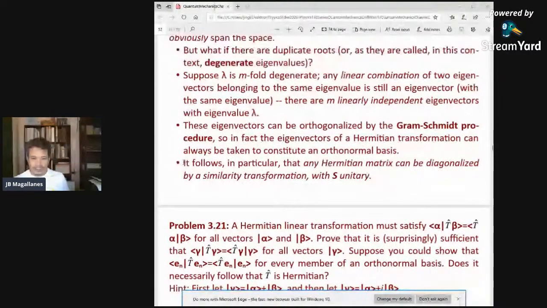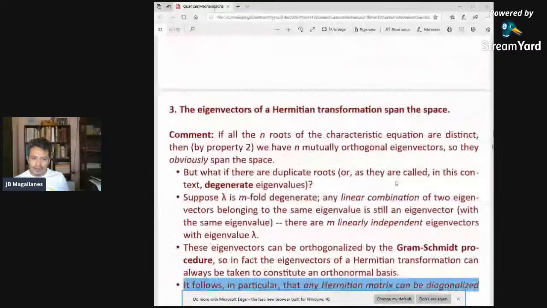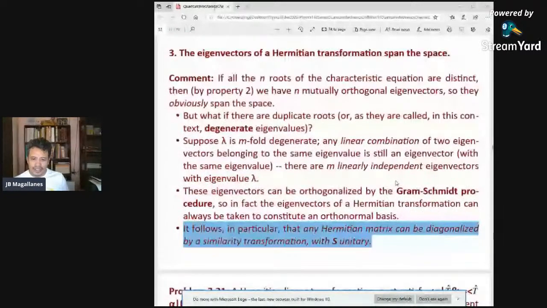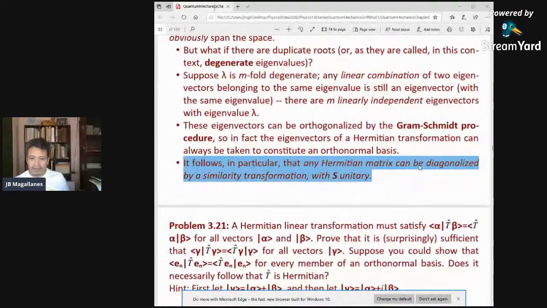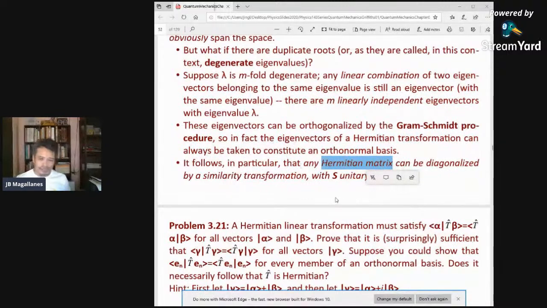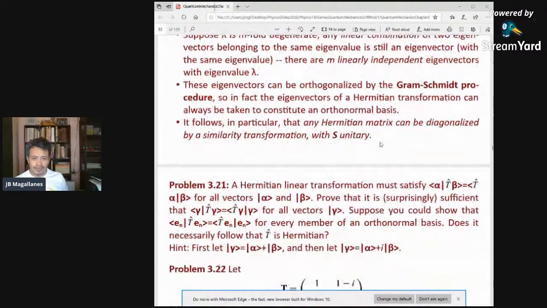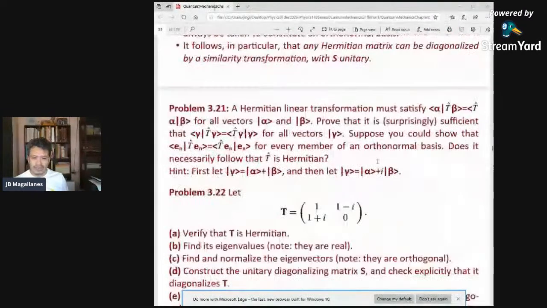Also, a Hermitian matrix, you can diagonalize it by similarity transformation. You can always do diagonalization of a Hermitian matrix, and that makes life easier to deal with those kinds of transformations.